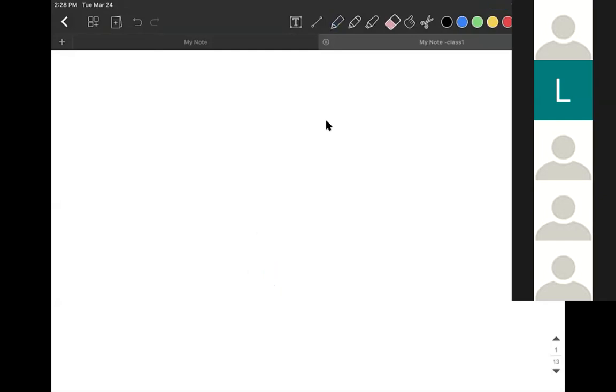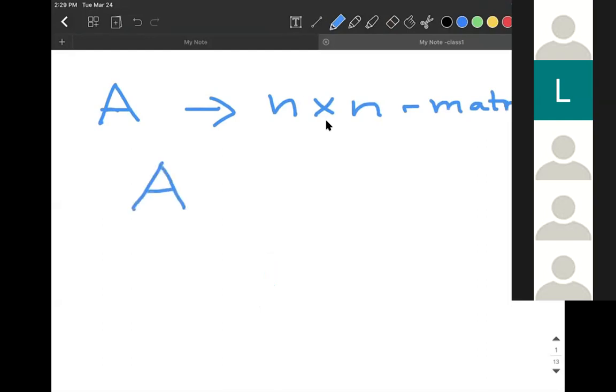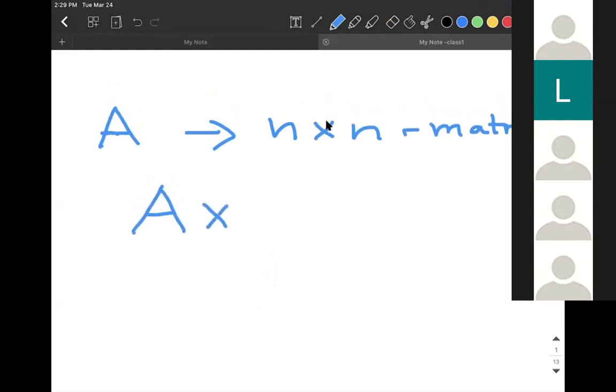Okay, so what are eigenvalues? We have a matrix A, an n cross n matrix. An eigenvalue eigenvector equation is the following: A times a vector x gives you lambda times the same vector.